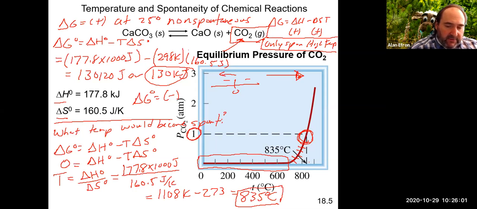So for it to reach that standard pressure condition of 1 atmosphere, that occurs somewhere around there, 835 degrees. In order to get to that, you have to start making some gas molecules right before that, because the more gas molecules you make, the more pressure we have, the increase in pressure we're going to see in this particular case. Any questions on that?